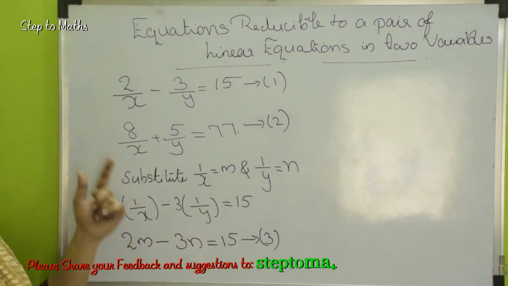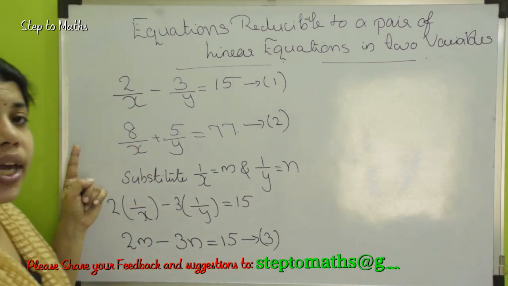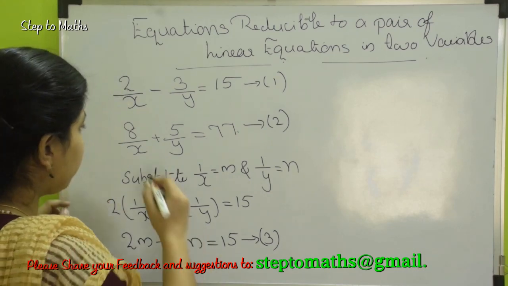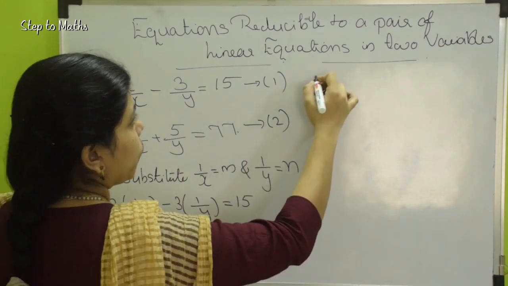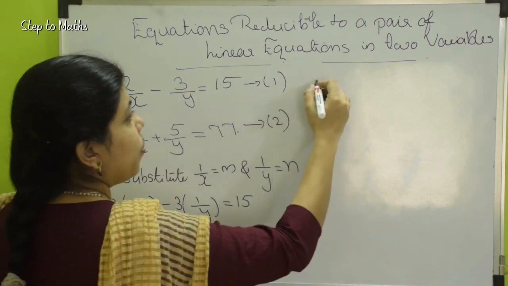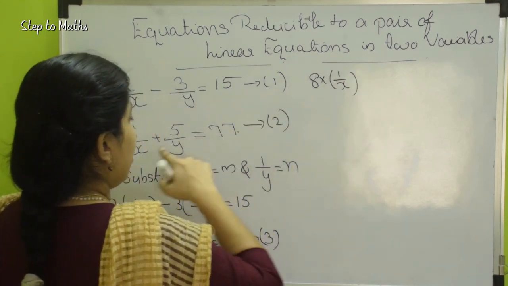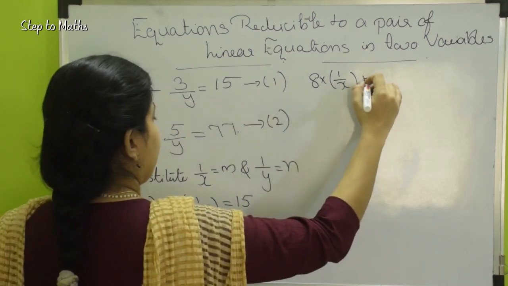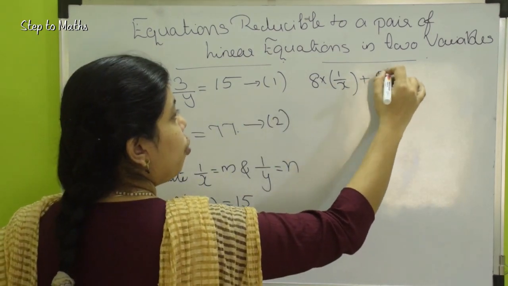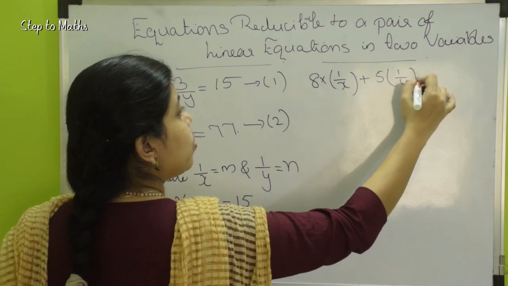In the same way, we can rearrange equation 2. 8 upon x we can write as 8 into 1 upon x plus 5 into 1 upon y is equal to 77.